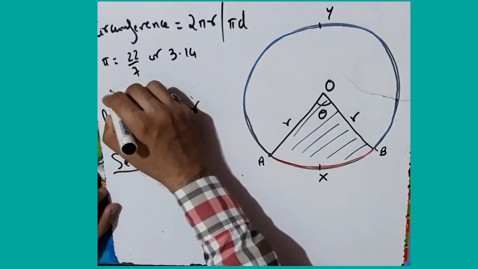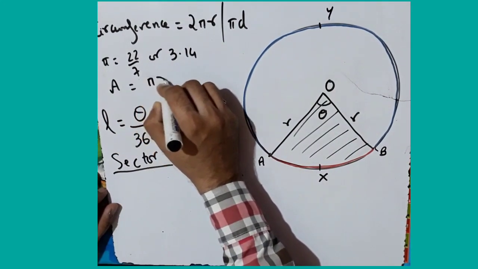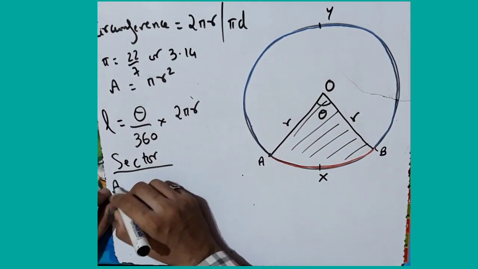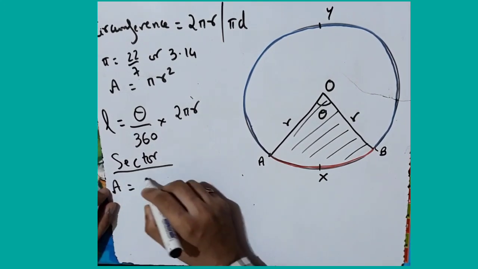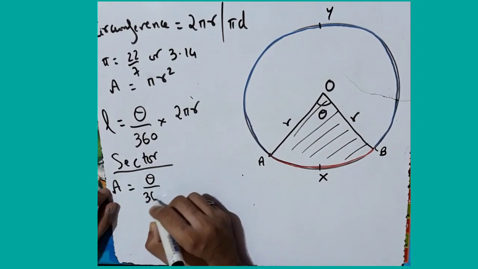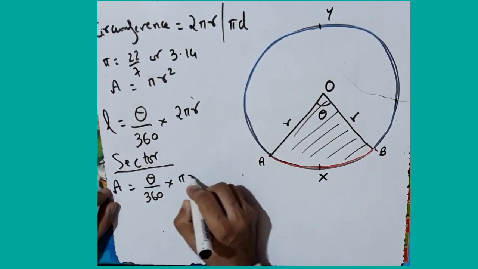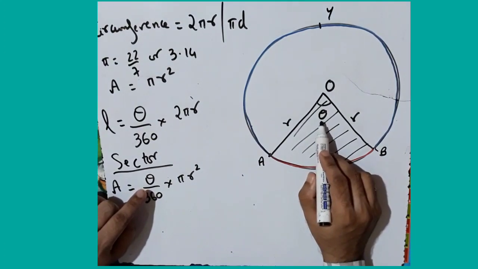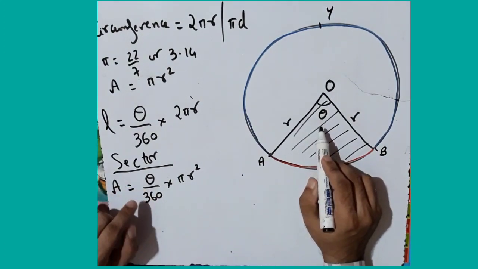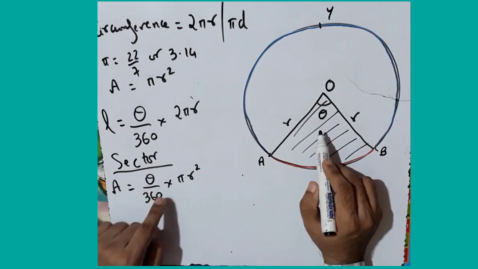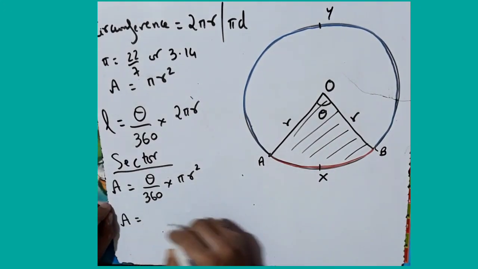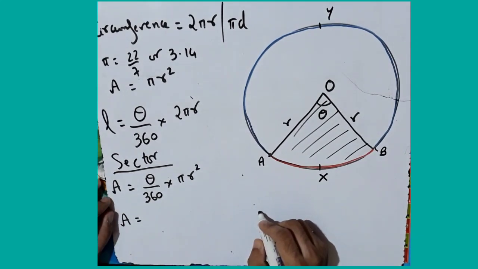What is the area of circle formula? Pi r square. So in the same way, area of sector formula is theta upon 360 into pi r square. Theta is the central angle. And there is one more formula to find out area of sector.